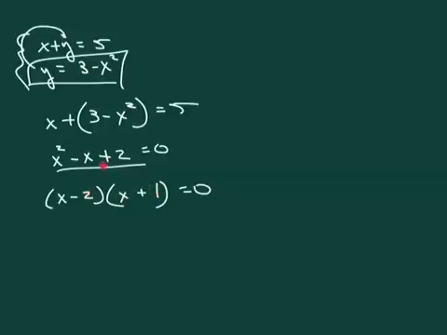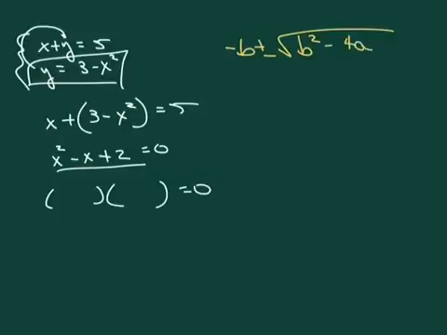Because -2 plus 1 is -1. But -2 times +1 is -2 and not +2. So that doesn't work. If you were going to try that, don't. All right, let's do the quadratic formula.